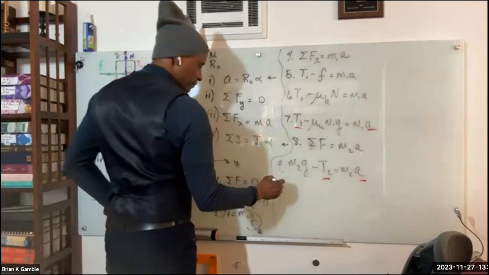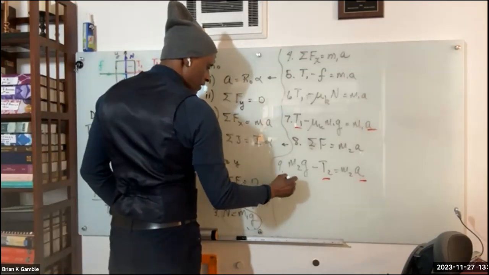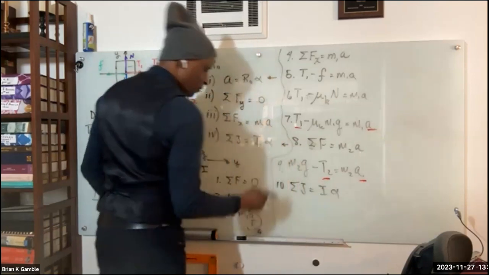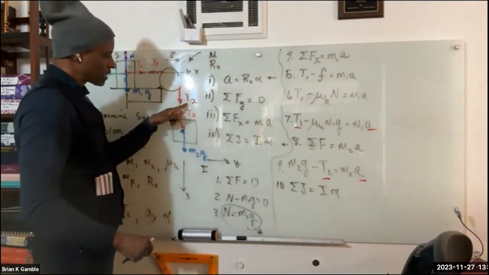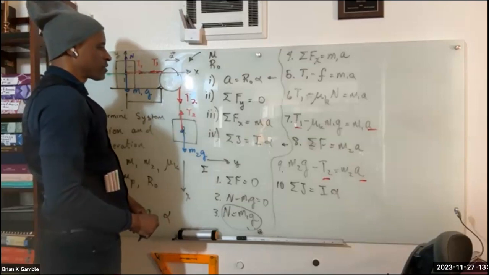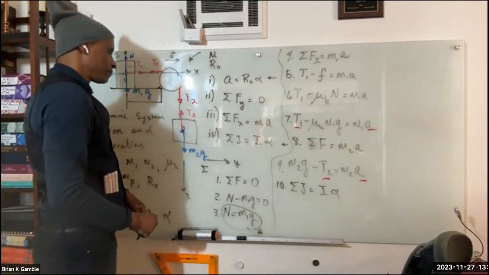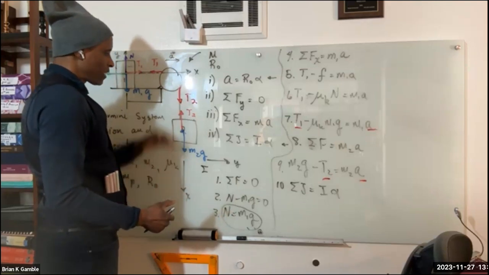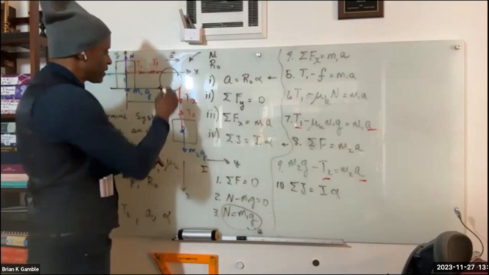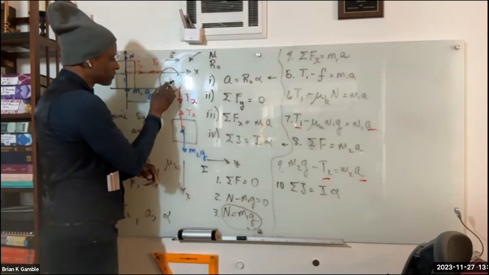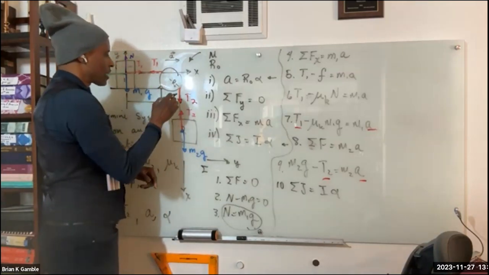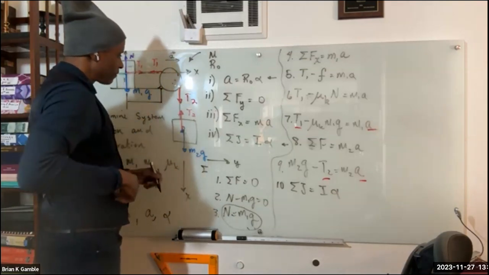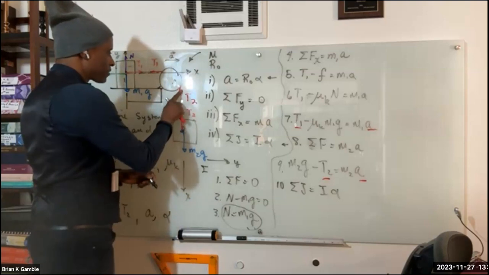So you can say here, the net torque equals I, the moment of inertia, times alpha. But now you have a torque associated with the tensions. Remember, torque is r cross a force, r cross T. So basically, like this torque, this is r here. Technically it's kind of exaggerated, but the angle is going to be 90 degrees.